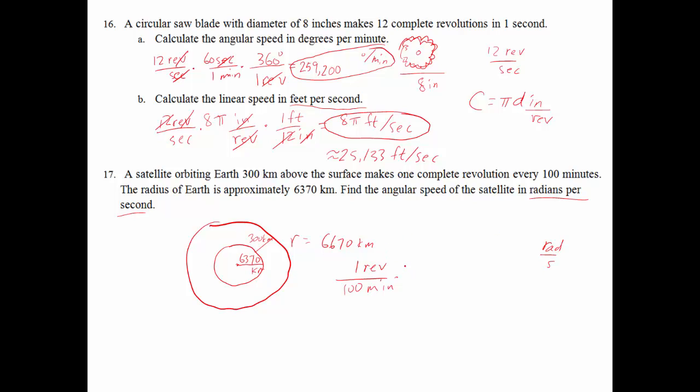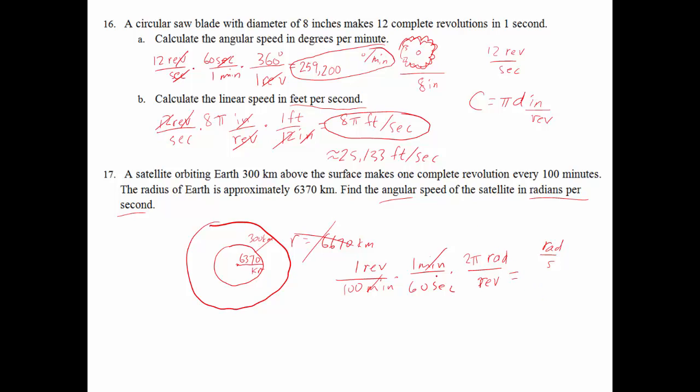So we're going to change my minutes. 1 minute is equal to 60 seconds. Those cancel. Now I need revolutions to radians, and I need 2 pi radians per revolution. And since we're looking for angular speed, we didn't even need the radius.